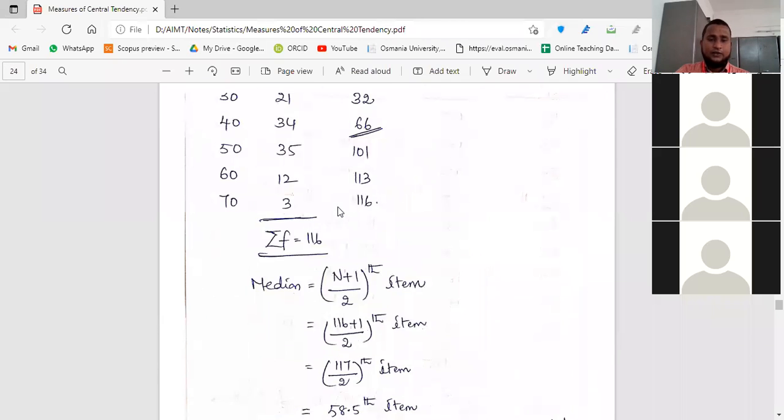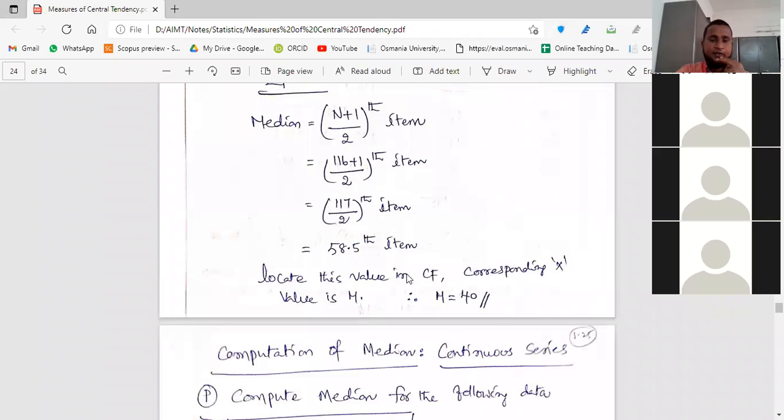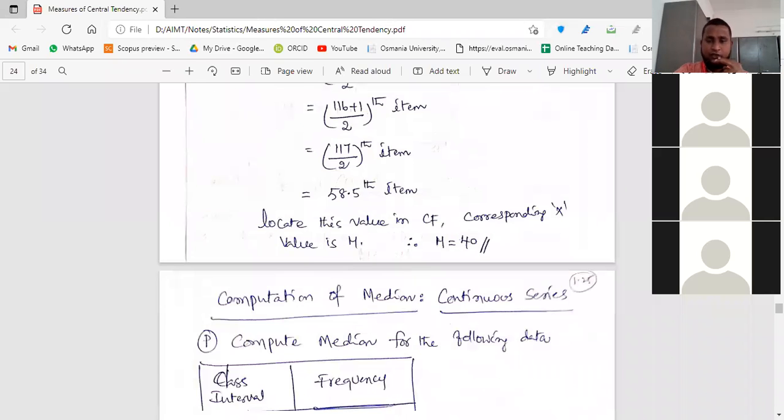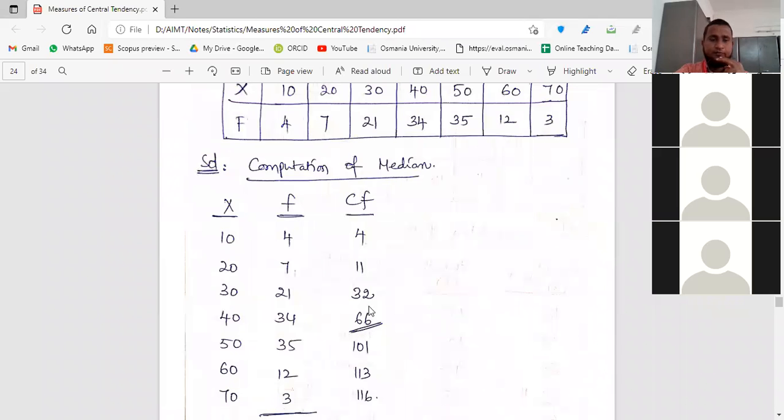So you got 116. So median is (n plus 1) by 2, that is (116 plus 1) by 2th term, that is 117 by 2th term. So 58.5. You need to locate this value in cumulative frequency.